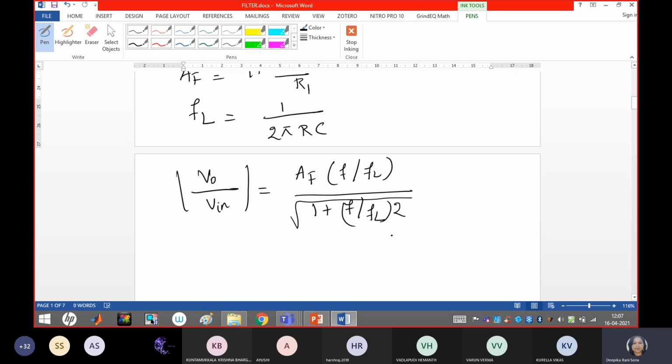Now you observe this equation, and if you have written the gain magnitude equation for the first order low pass filter, what are the changes between these two equations? If you find that out, you can easily construct some higher order of filter. Can anybody say what are the changes as compared to the first order low pass and first order high pass?